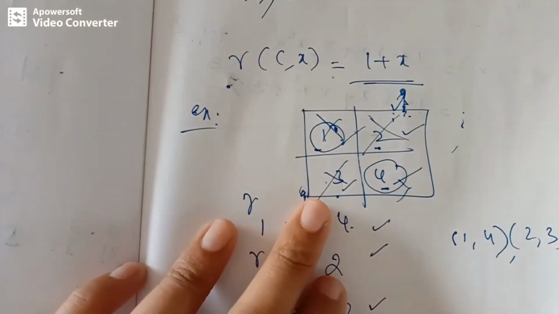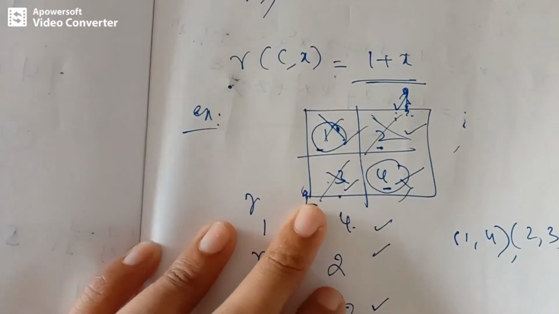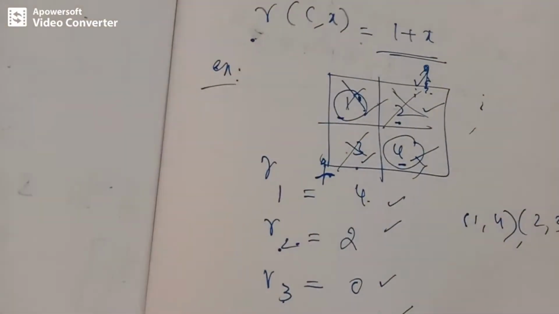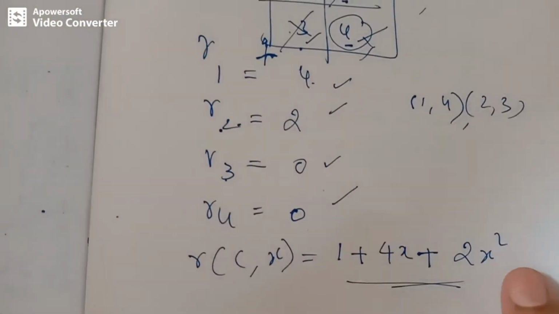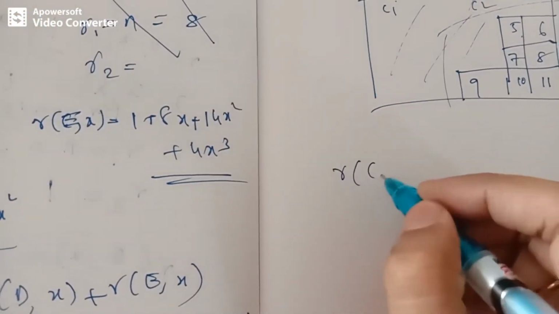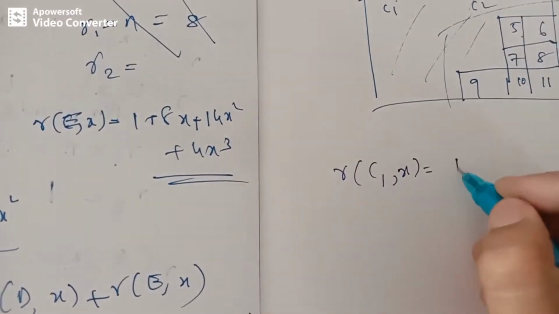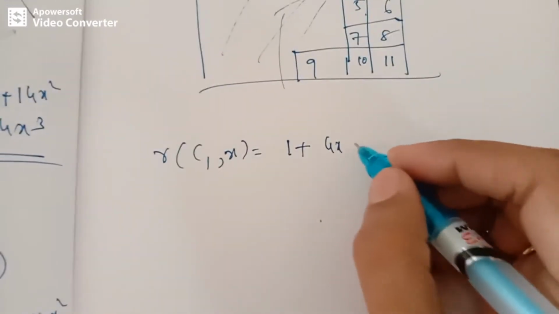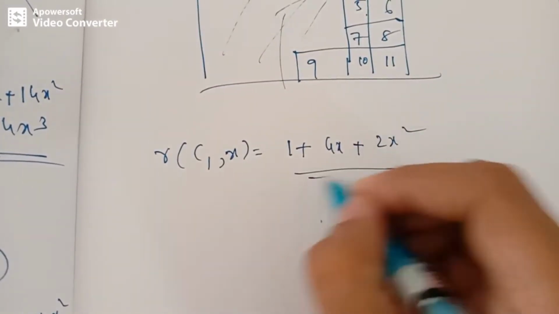This is the 2 cross 2 board, and we know the Rook's polynomial is 1 plus 4x plus 2x square. So I can write R of C1 comma x is 1 plus 4x plus 2x square.